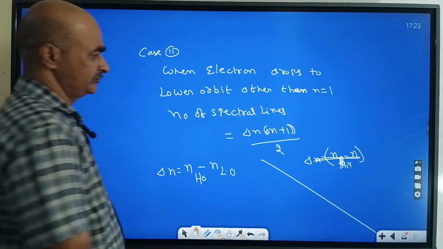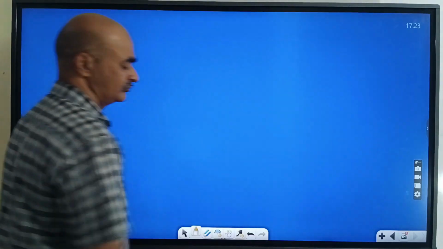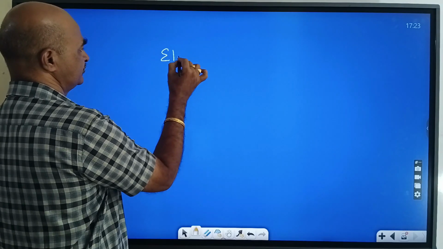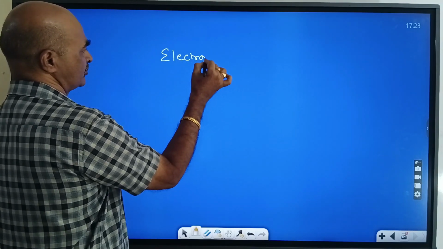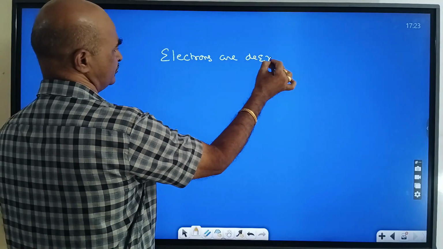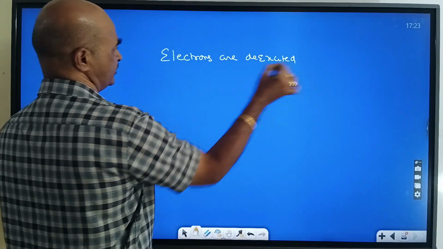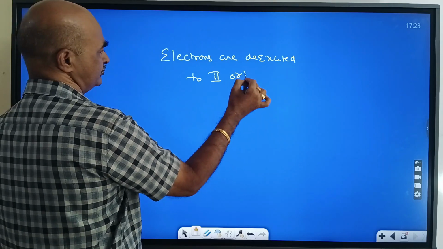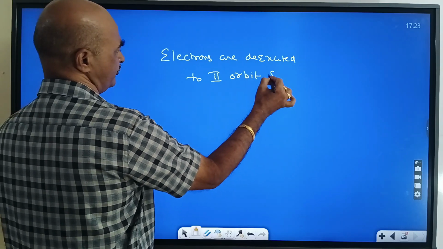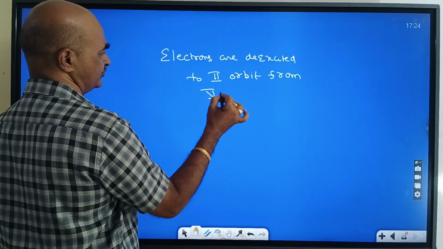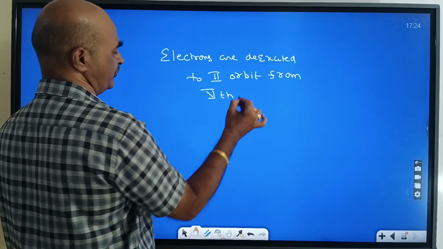Okay, for example, electrons are de-excited to the second orbit from the fifth orbit.